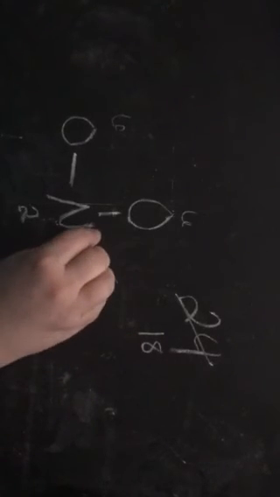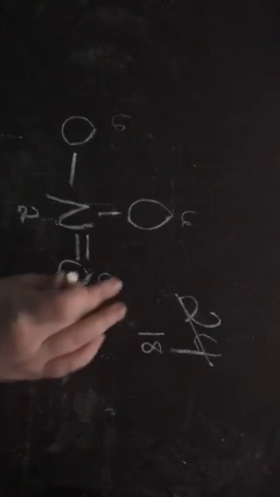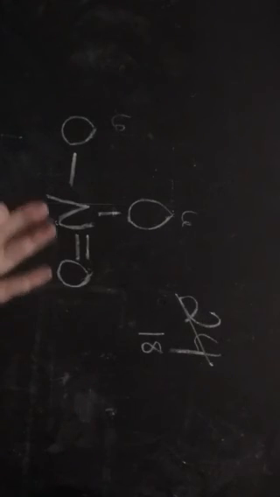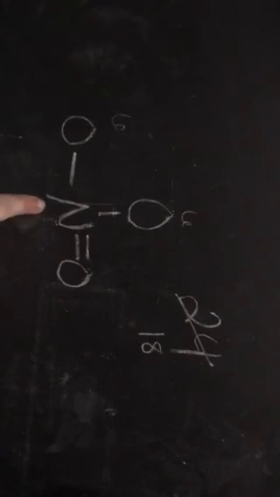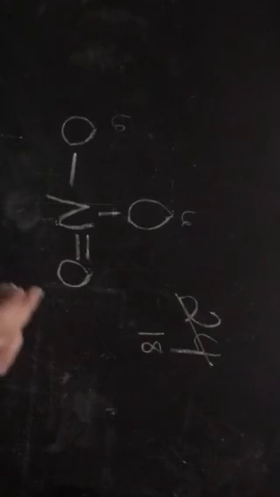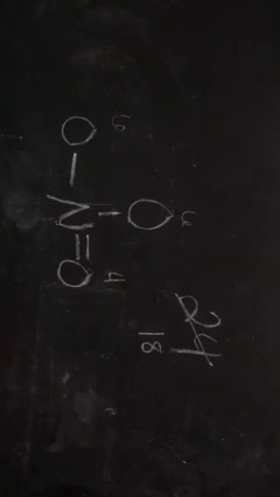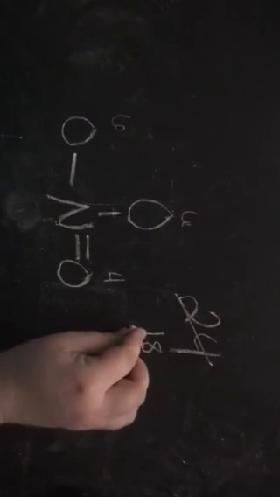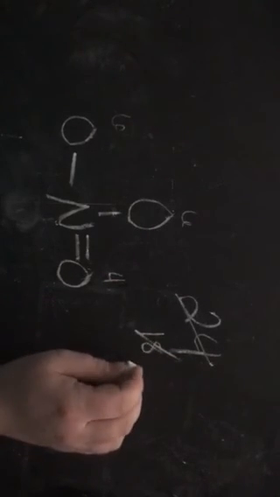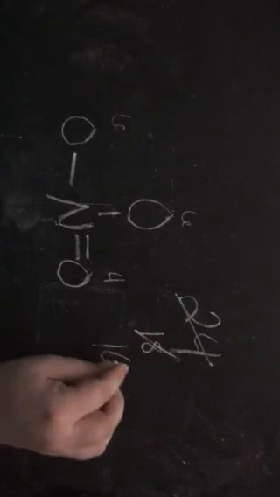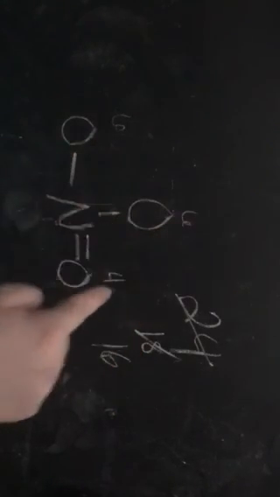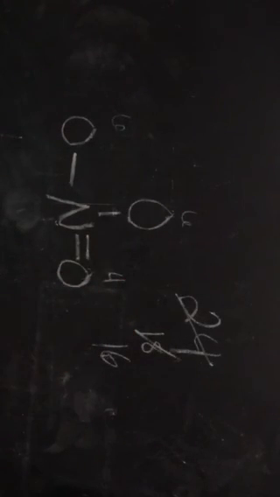So I'm going to take one of those single bonds and turn it into a double bond. It doesn't matter which one. But at this point, now the nitrogen has those 8 electrons on it. The nitrogen is happy. The oxygen has 4 on it, so this oxygen only needs 4. And I used up another 2, so I now have 16 electrons to work with. And 6 plus 6 plus 4 gives me 16.